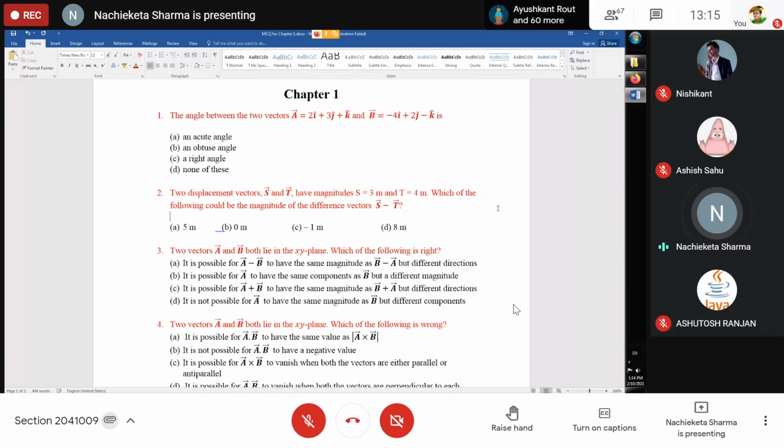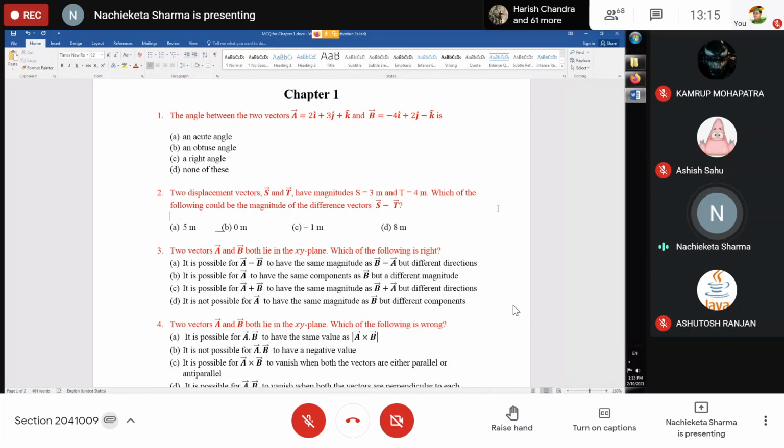We know that if there are two vectors, whether it is their sum or the difference, the resultant must be within the difference in magnitude and the addition of the magnitude, because the minimum magnitude must not be less than 1 and the maximum magnitude must not be more than 7.